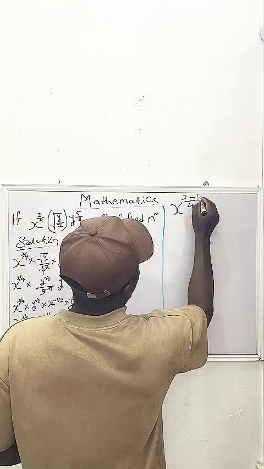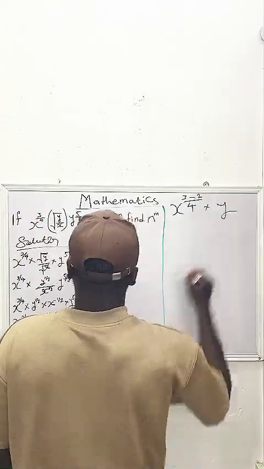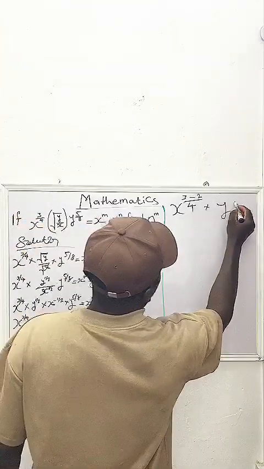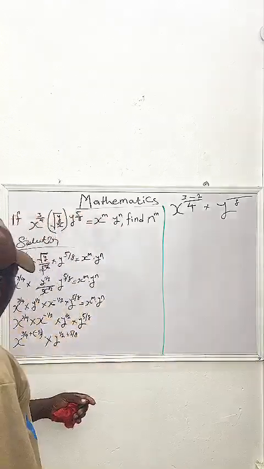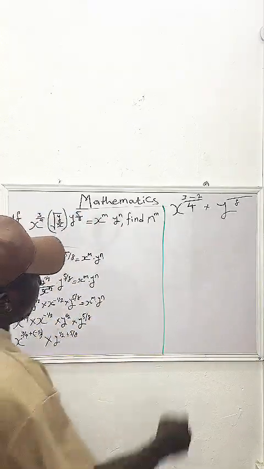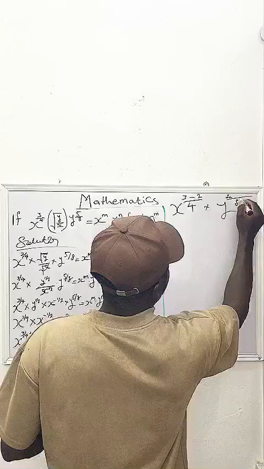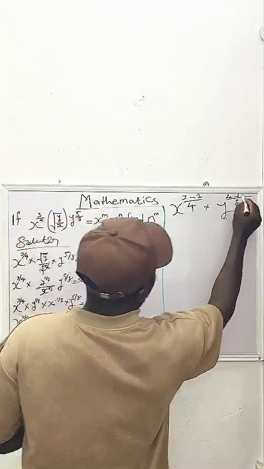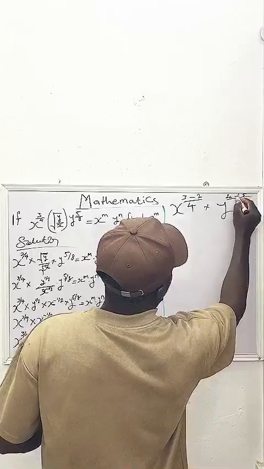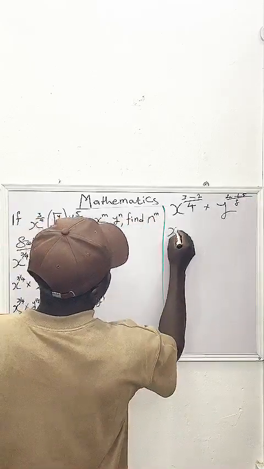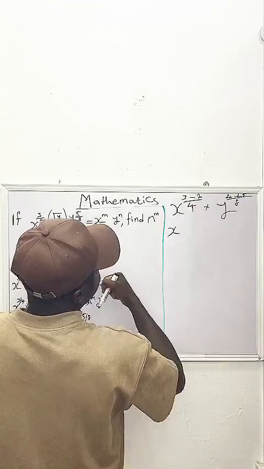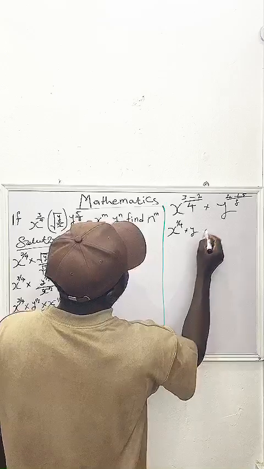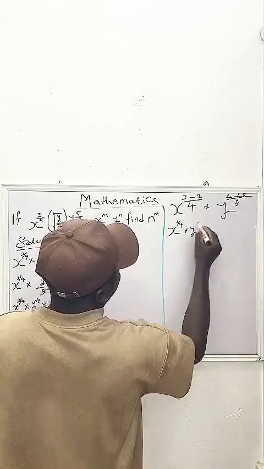Multiplied by y raised to the power, the LCM of 2 and 8 is 8. 8 divided by 2 is 4, 4 by 1 is 4, plus 8 by 8 is 1 times 5 is 5. Therefore, this becomes x raised to the power 3 minus 2 is equal to 1, 1 over 4, multiplied by y raised to the power 4 plus 5 is 9.